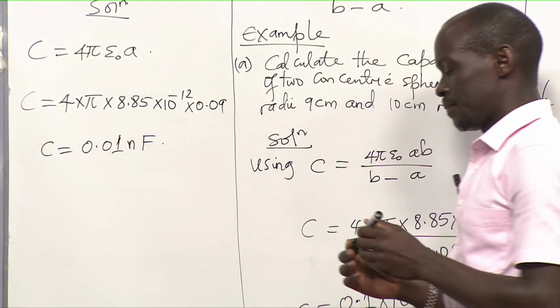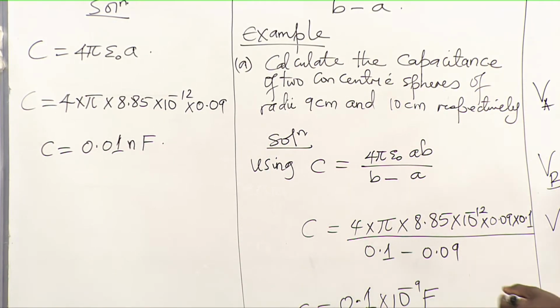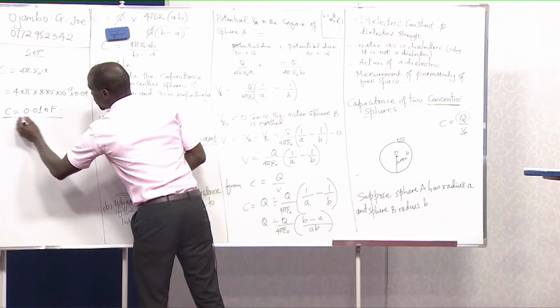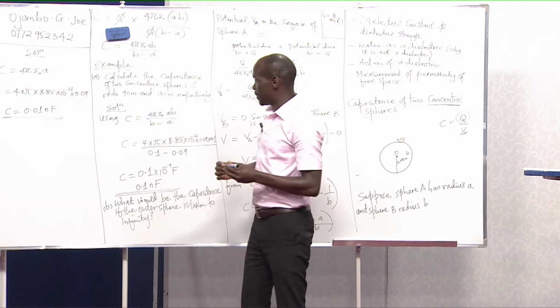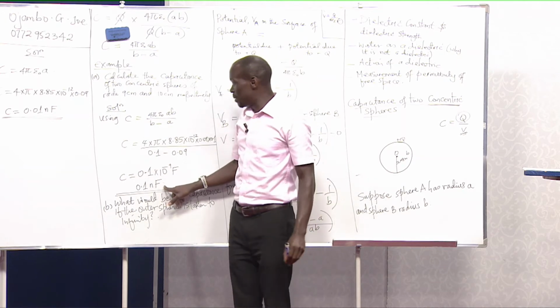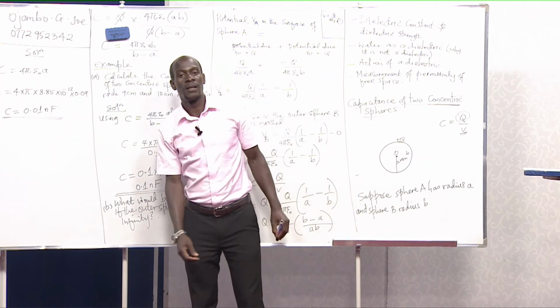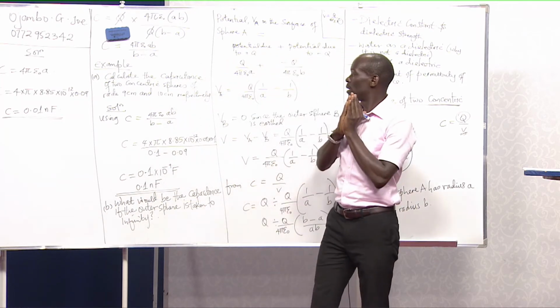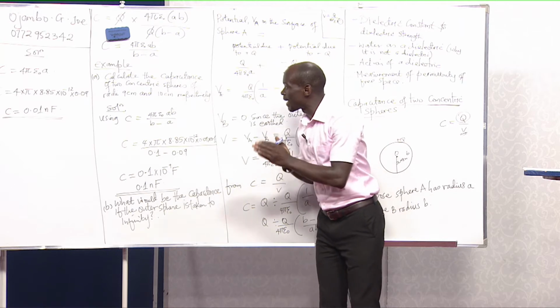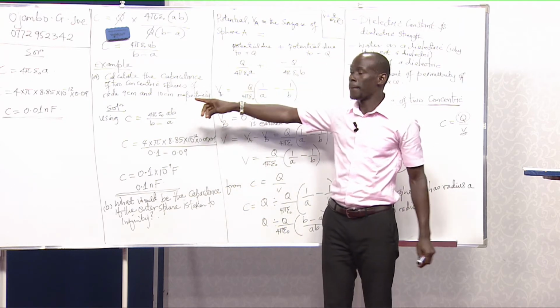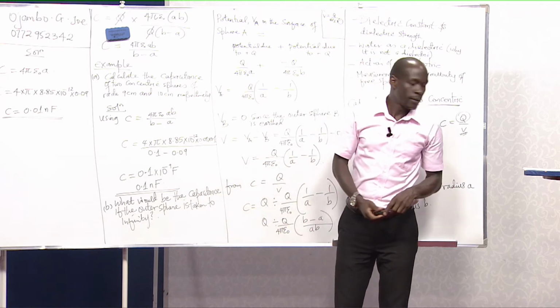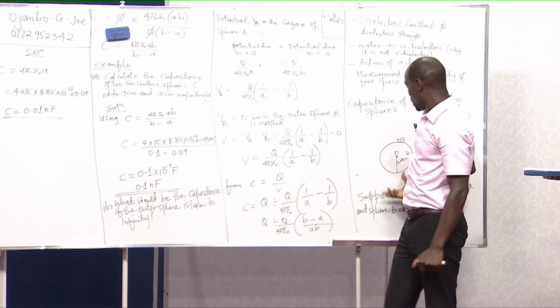So you can see that this one here, compared to this, you realize that this one is bigger than this, implying that when we have an isolated sphere, the capacitance is going to be lower than when the spheres are concentric.